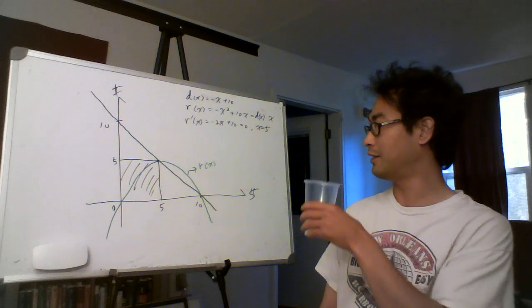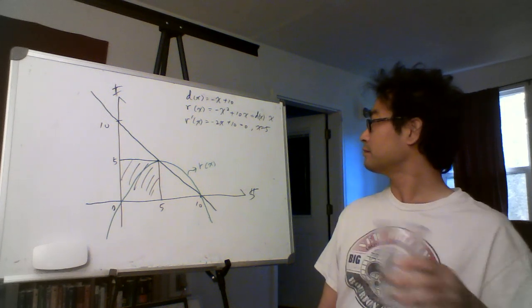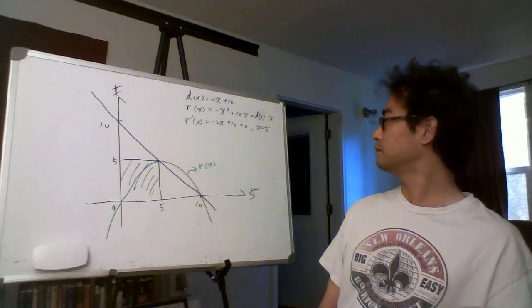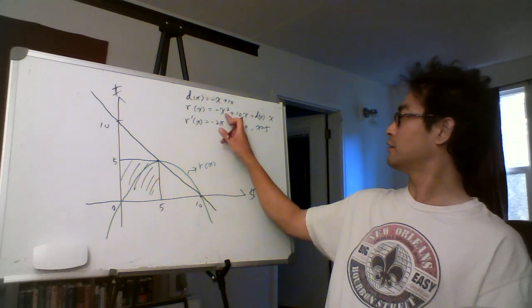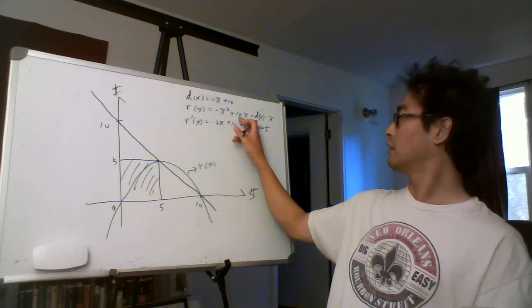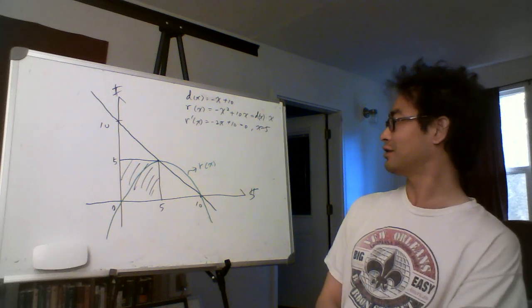When x is 5, R of 5 is minus 25 plus 50, which is 25? That doesn't sound right.